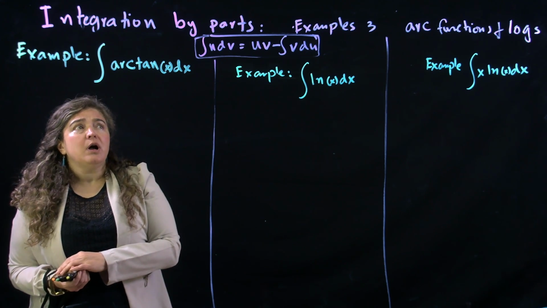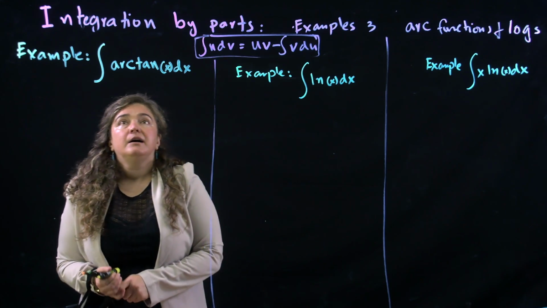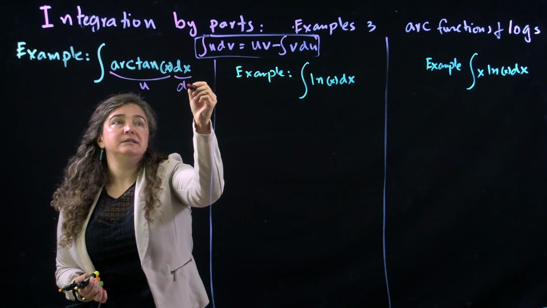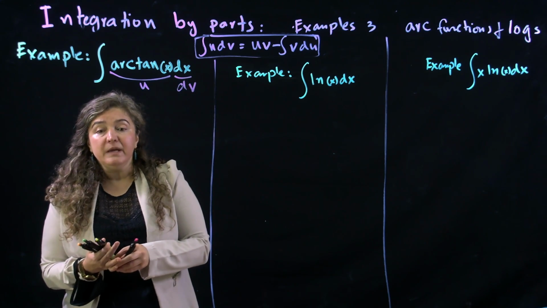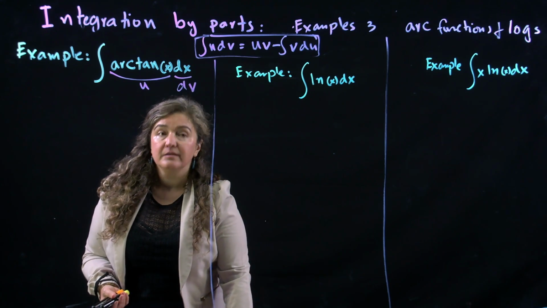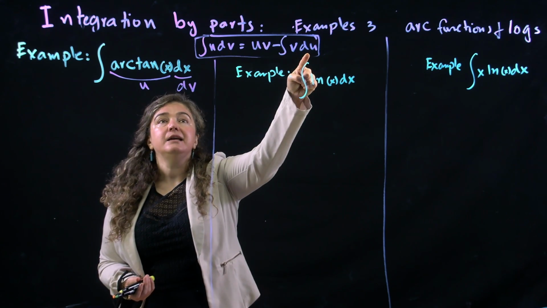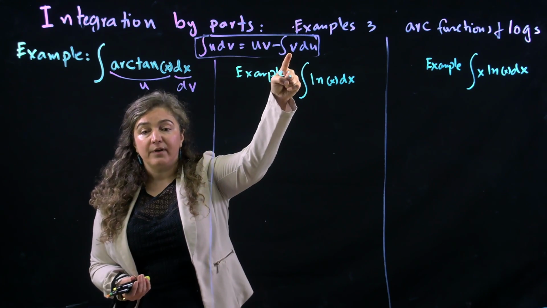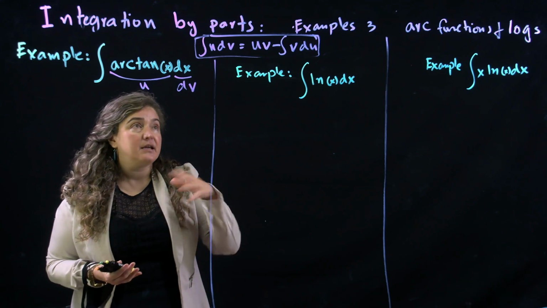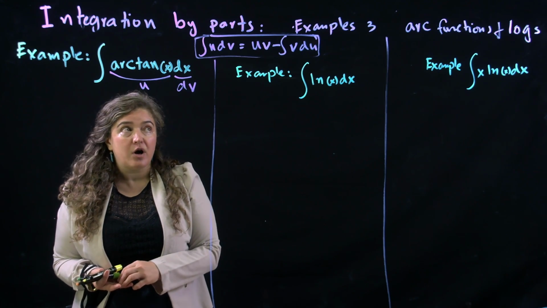But if I compare to here, if I choose that one to be u and this one to be dv, then I may get somewhere, because I know how to take the derivative of arctan, and I know how to find the antiderivative of dx. So that's my first thought.